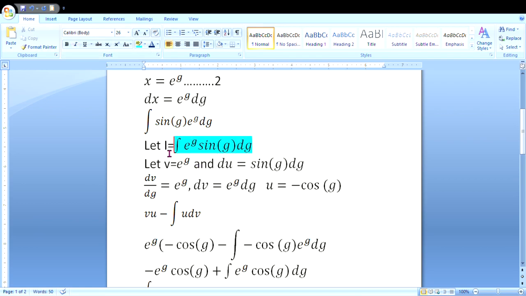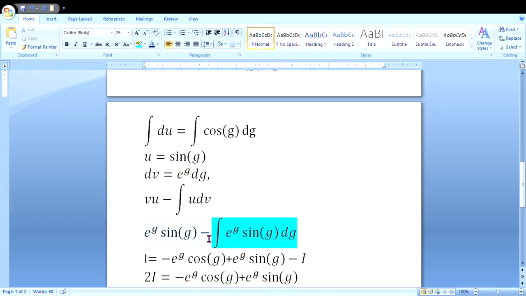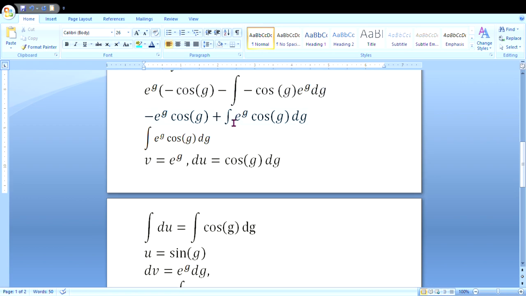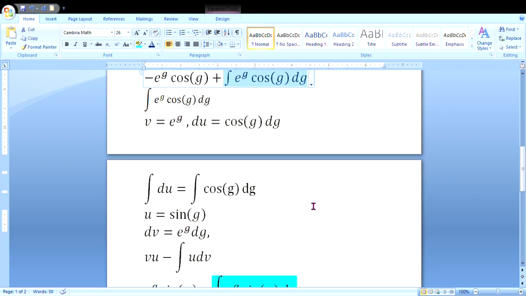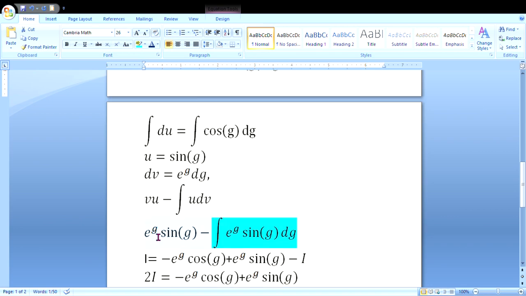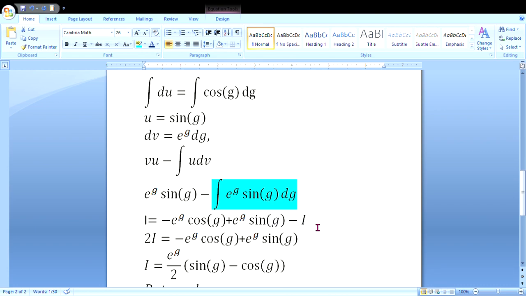So in place of this function, we replace it with I. On the right hand side, I is equal to minus exponential g cos g plus exponential g sine g minus this integral, and this integral is I. So minus I.